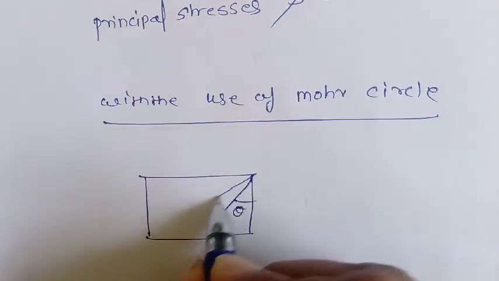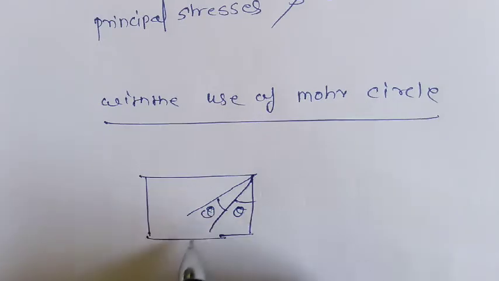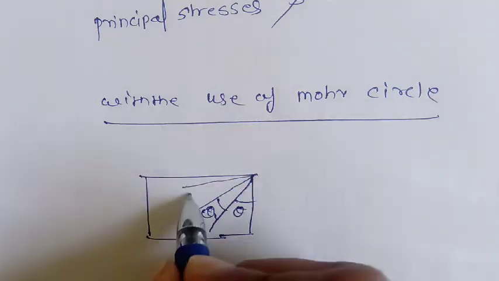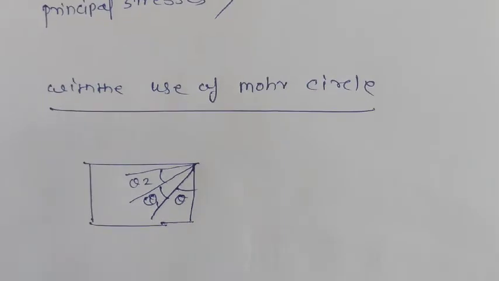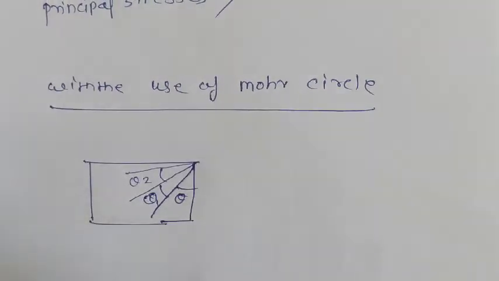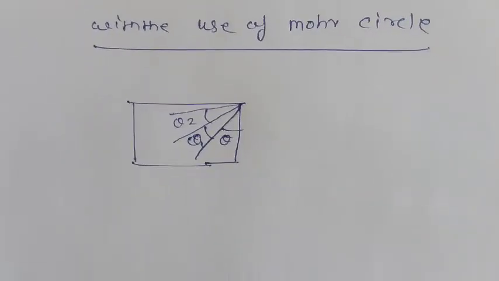If another theta is given in the same component, then again we have to use the formulas repeatedly to find the values for theta 1 and theta 2. But in the Mohr circle, all the values can be found in only one circle. So this is the advantage of the Mohr circle over the analytical method.